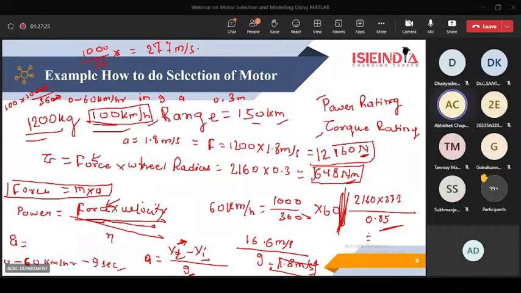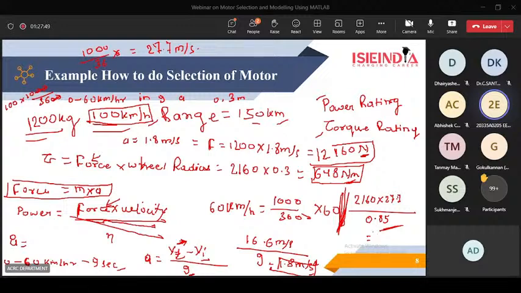Sir, are we assuming that it's 85% efficient? Yes, we are assuming that. Sir, write in a new template, we are unable to see where you are writing.